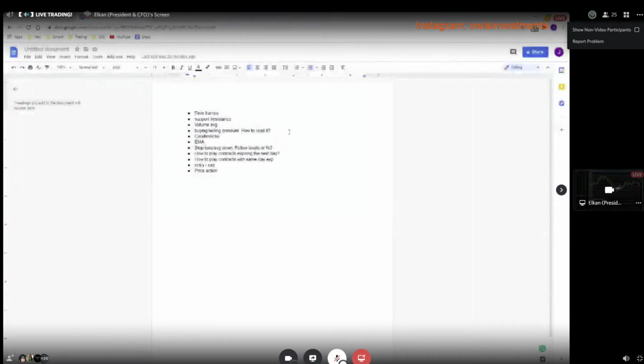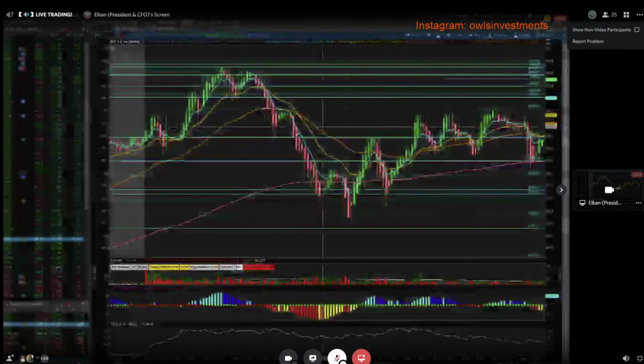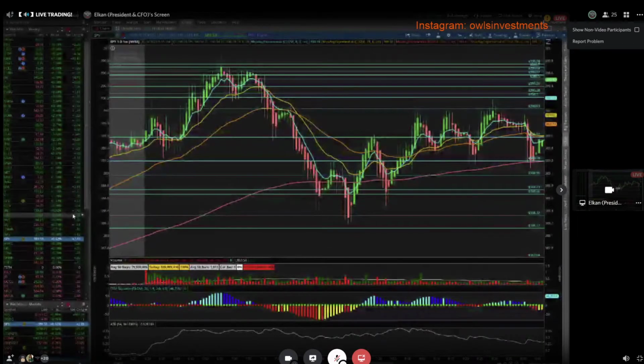How to play contracts that expire in the same day and the next day. When we scalp, we have contracts that expire Monday, Wednesday, and Friday. I always want to get the closest expiration that I can.